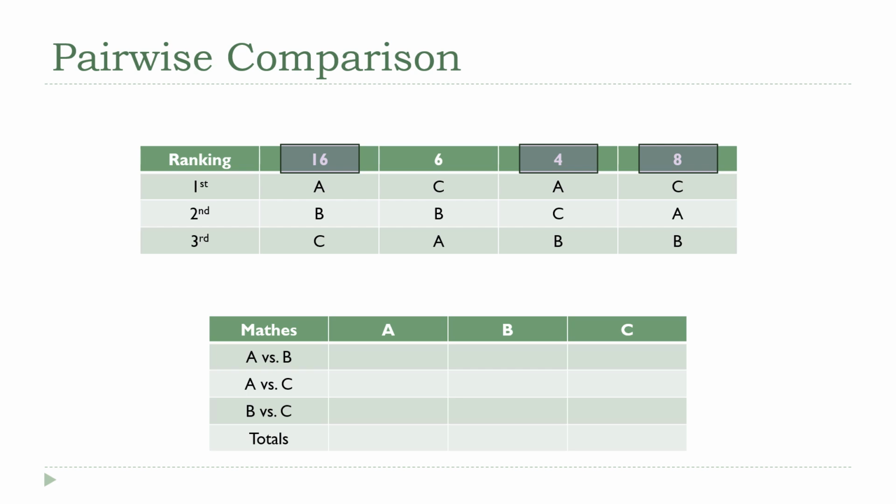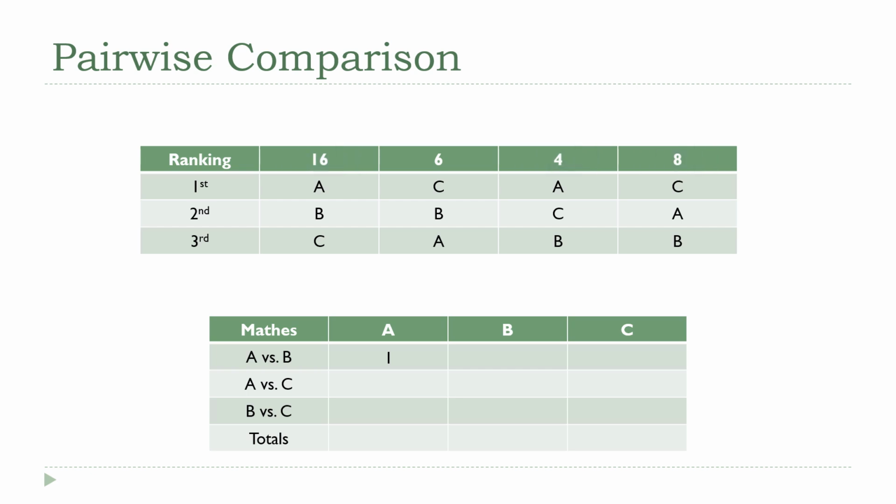In the 6-vote column, it's the other way around. I didn't include that one because in that one, B was preferred to A. So if you add up the votes, we have 28 votes for A, 6 votes for B, excuse me. A wins this matchup, so A gets a point.